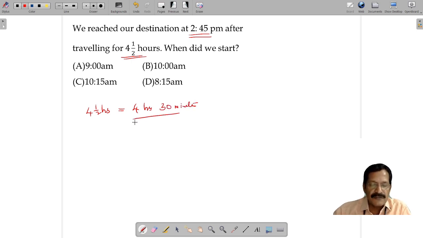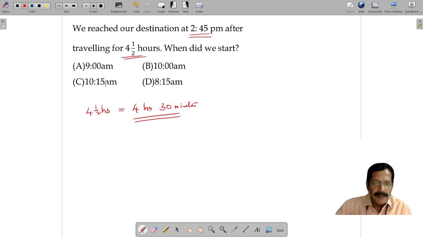So we traveled 4 hours 30 minutes. So when did we start? Option A 9 a.m., option B 10 a.m., option C 10:15 a.m., option D 8:15 a.m.